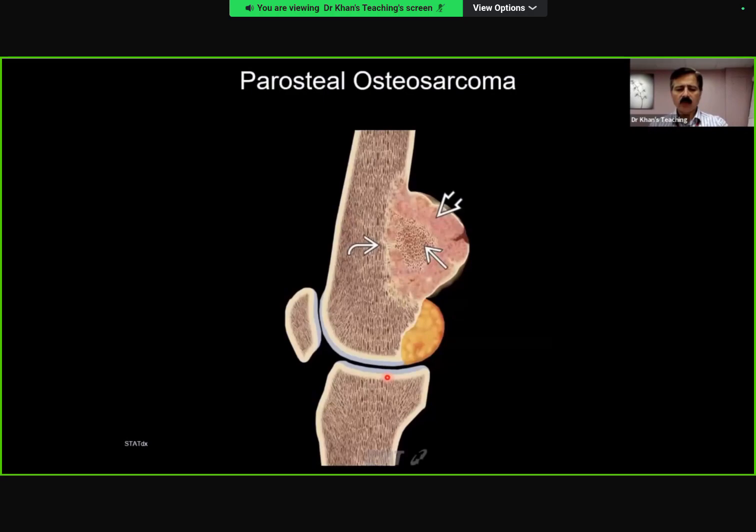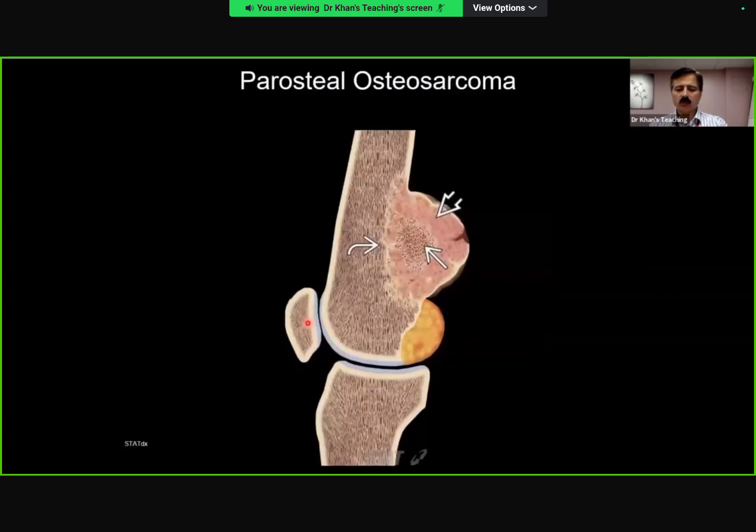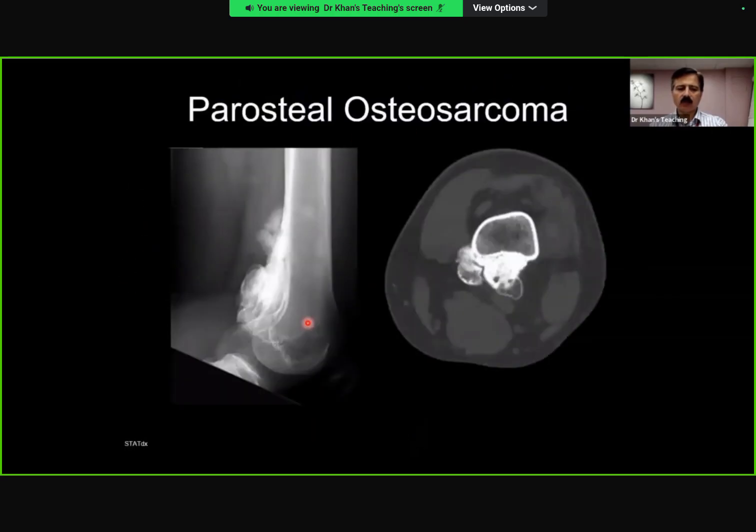Now, in parosteal osteosarcoma, what happens is that this arises next to the periosteum. It goes into the cortex also, but then it continues growing around the bone. Look at this CT scan, and this is osseous matrix.